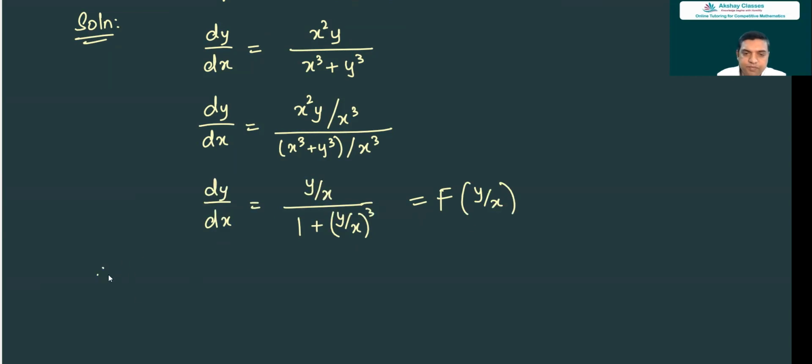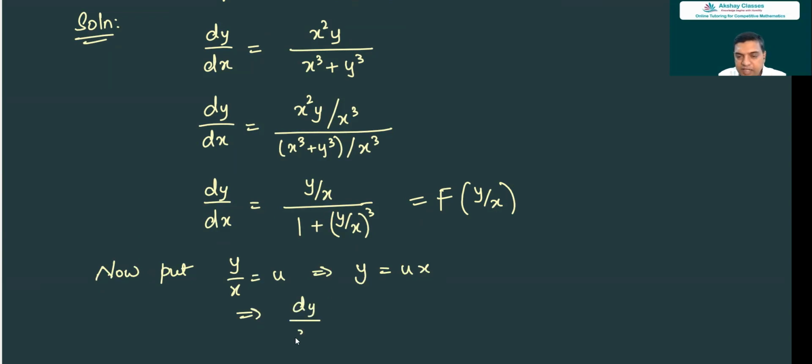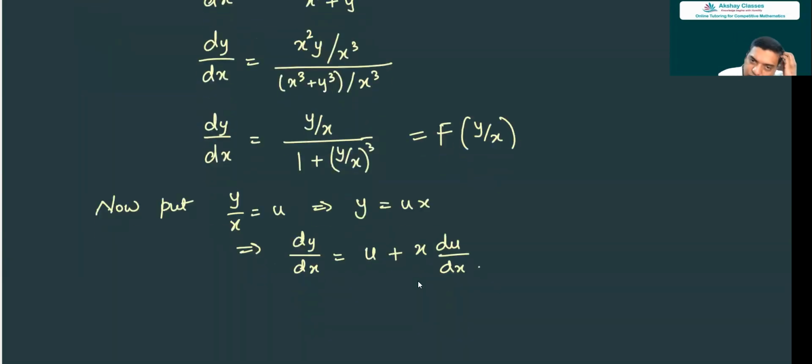So now substitute y by x is equal to u, which means y is equal to ux, which means dy by dx is equal to u plus x du by dx. Replace this in this equation.